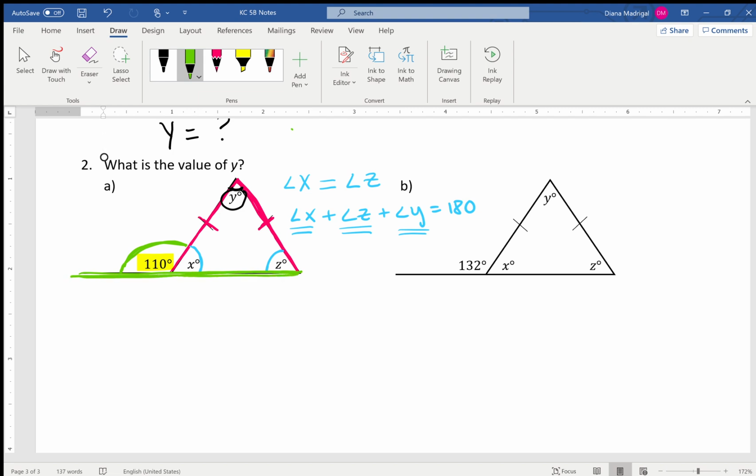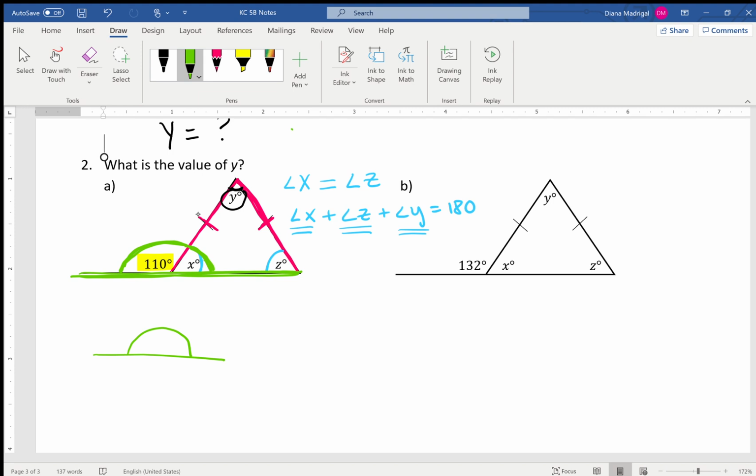This line is being formed with 110 and x. If you connect angle x, the corner from the inside of the triangle, with the angle outside the triangle, they form this straight line.